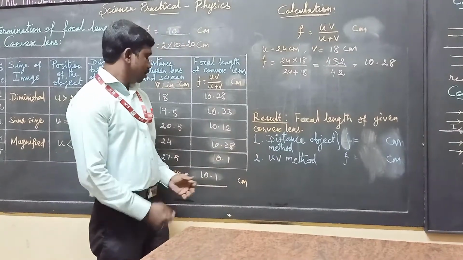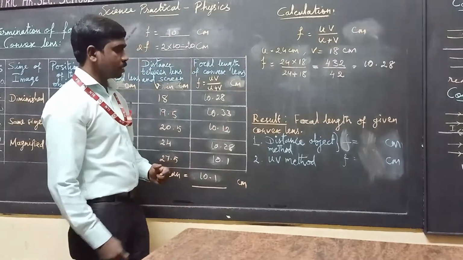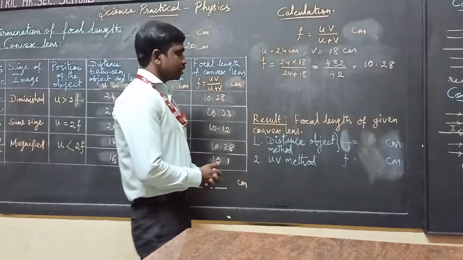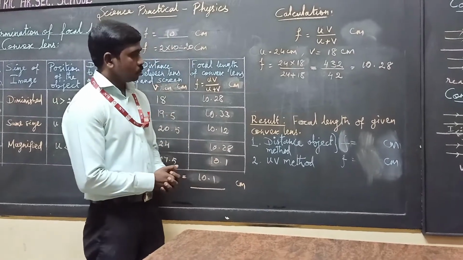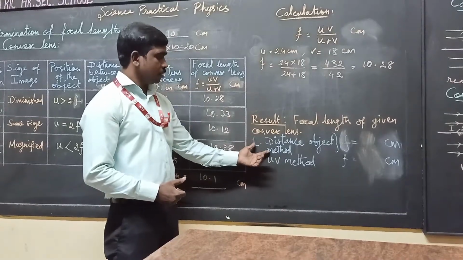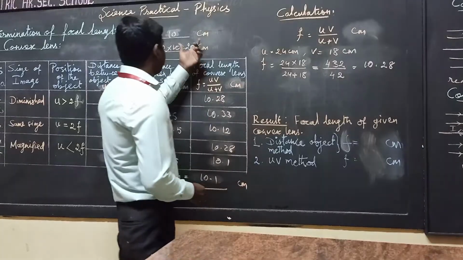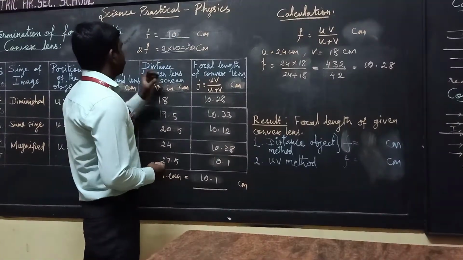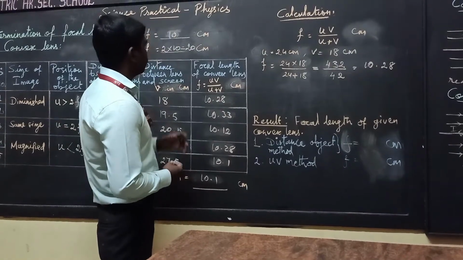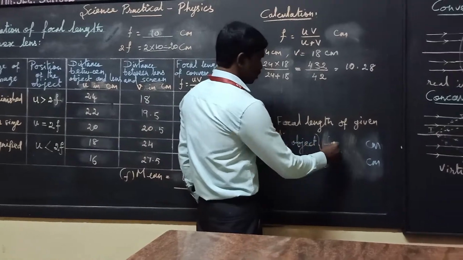Now we write the data of the focal length of the given convex lens in your result. From the result we know we have 2 methods. From the distance object method, we already calculated the F value. We already wrote here F is equal to 10 centimeter, collected from the distance object method.